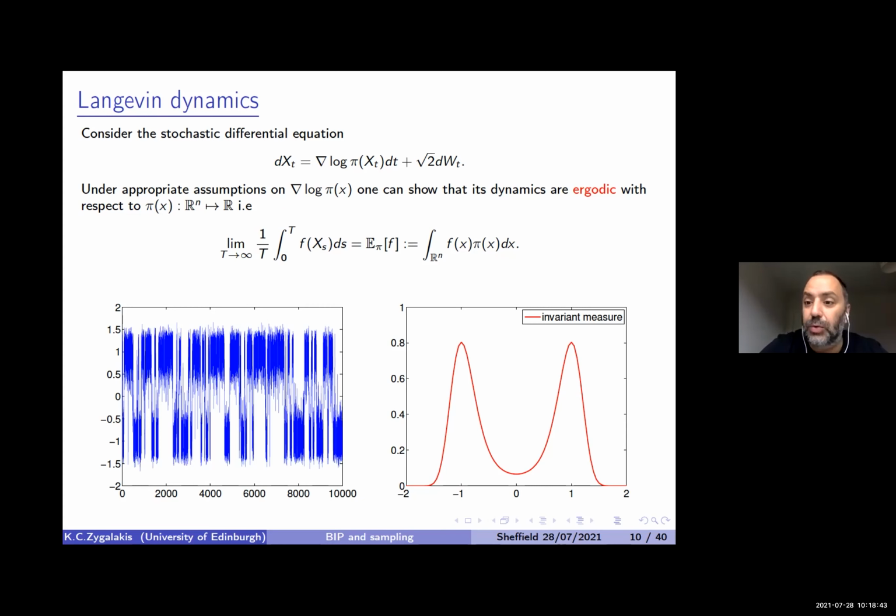Remember, we said that we would like to calculate expectations with respect to pi of x. But basically what you see here is that if you calculate a long time average of the solution of the stochastic differential equation, that would actually converge to the quantity that you're interested in. And that's basically what I mean in terms of computational devices.